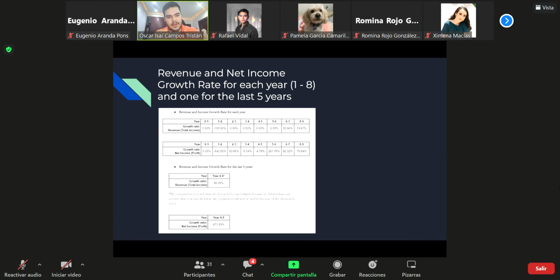Maybe not in the revenue, but we can see that the decisions taken since that year are very good. But the highlight right here and right now is the growth ratio of the net income, which is about 673%. That actually is very good because we have been taking better decisions since year 6.